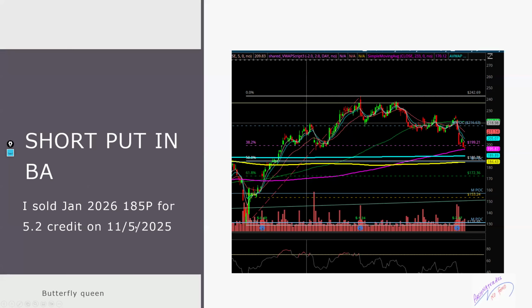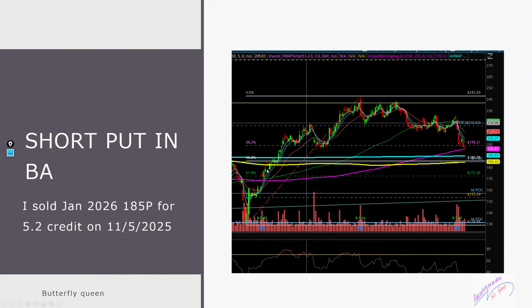And if I get put the stock, I will get 185 minus $5.20, which means my cost is going to be $179.80. Are you willing to buy at that price?